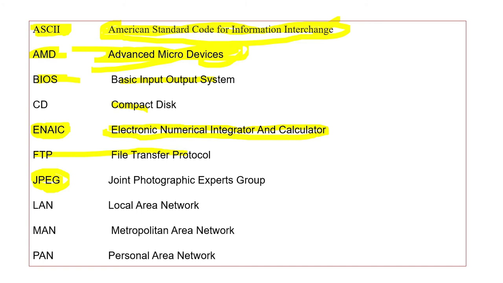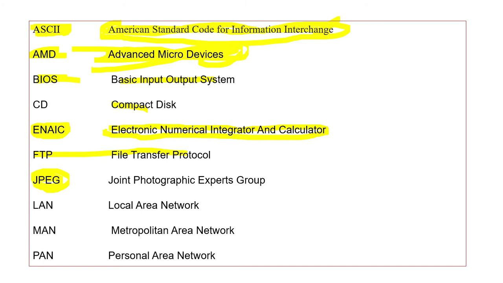A video file has MP4, 3GP, MKV and all. For documents we have doc, docx, or txt text, and pdf for PDF documents, etc.